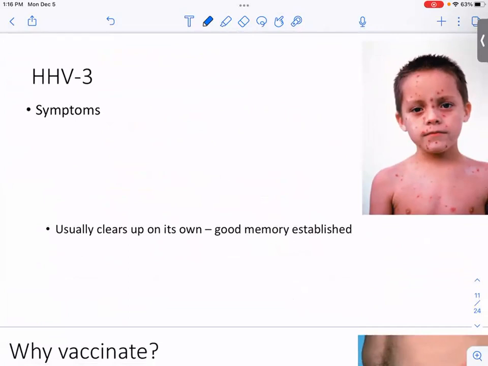So symptoms of chickenpox. The rash is the big thing that you think about. That starts in the trunk region. Okay, and when kids get sick, that's usually the first sign that they're sick. I remember I was 8 when I got chickenpox, and I was going to swim lesson, and my mom happened to notice that I had a sore right on my neck, and she said, "Oh, we're not going to swim lesson today."